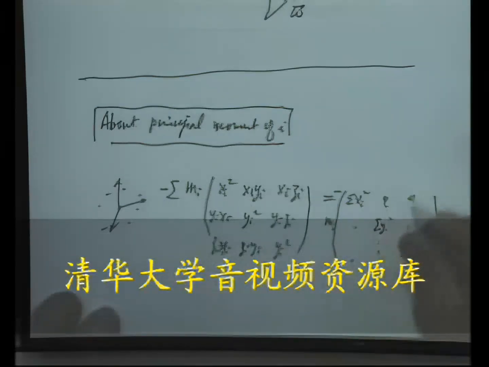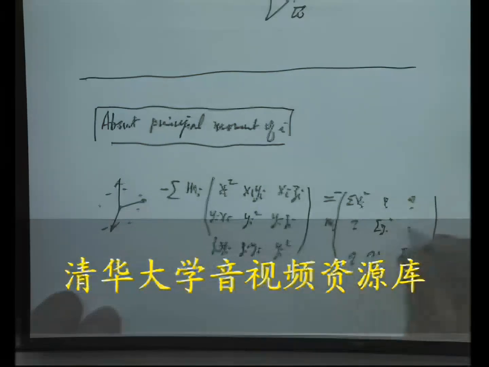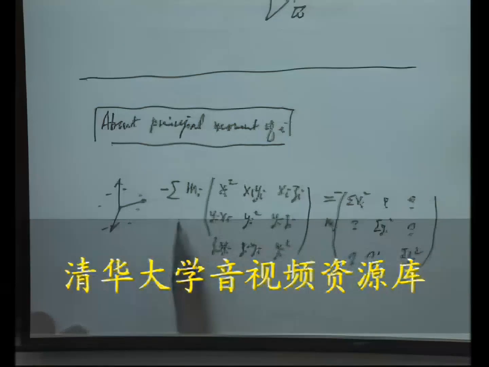This is something I don't care about. But the first term is mi times ri squared in the diagonal.